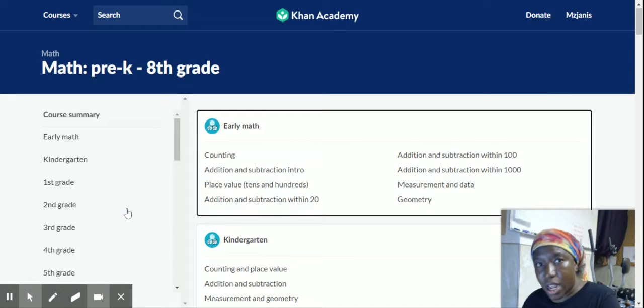You want to put in capital C59, capital TM, capital Z75. So all the letters are capital, and then the numbers are just there. C59TMZ75. Okay, so we got that.